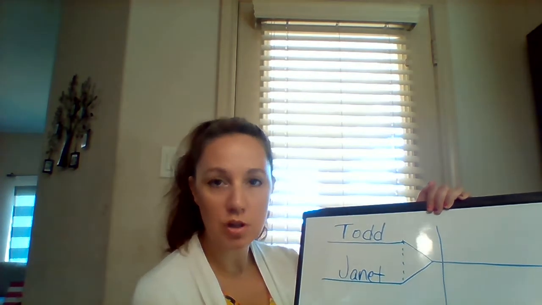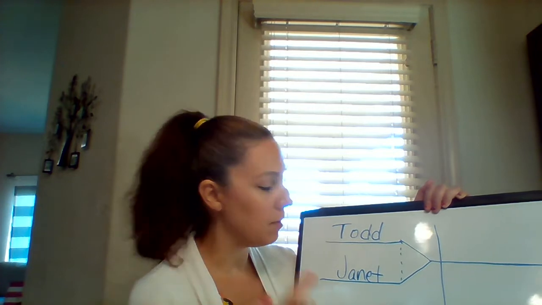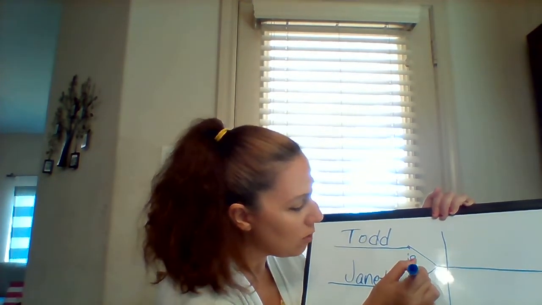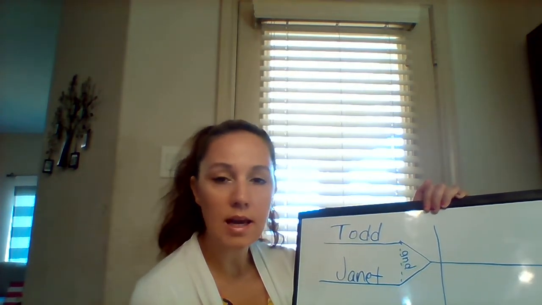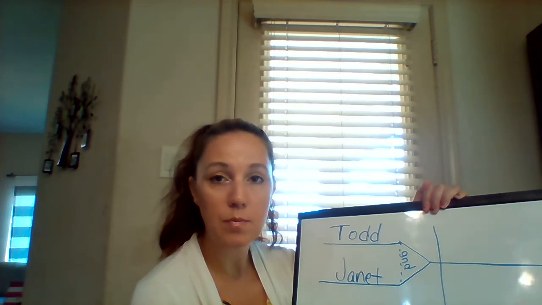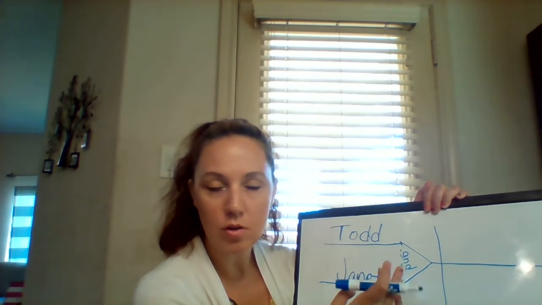And you'll notice in your book, there's a dotted line right here. That is where your conjunction goes. So Todd and Janet, and is what's combining them. So that goes on your dotted line. And it doesn't matter which side it goes on. Okay? And notice in your Google Slides, if you choose to do the Google Slide one instead of the piece of paper, I couldn't make it go up and down like this so you could type on it.